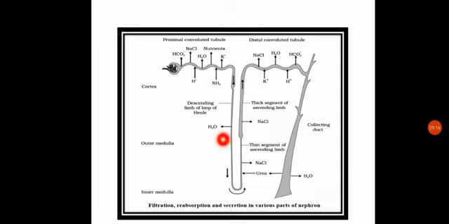So when the surrounding fluid is hypertonic, the filtrate present in this thin segment has a lower concentration of solute, meaning the water amount is high. So water moves from high concentration to low concentration by simple diffusion.